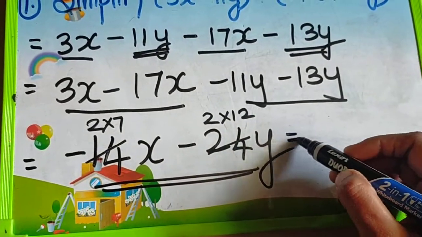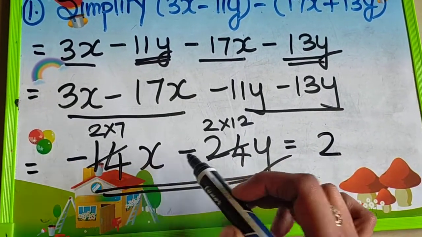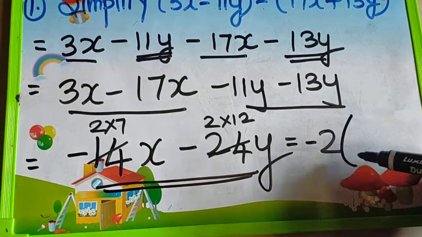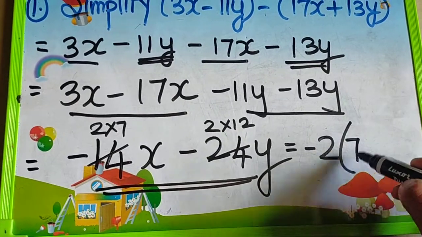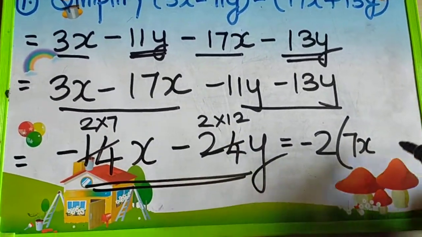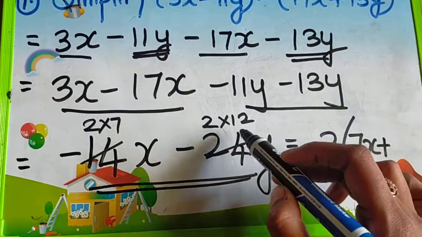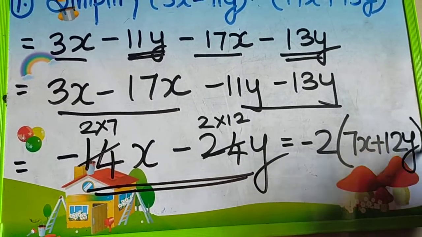Yes, 2 is common, so we will write 2, and the minus sign is also common, so we will put minus 2 outside. So what will remain inside the bracket? Here we have removed 2, so 7 remains and x remains. Then as we have removed the minus sign outside, we will get plus here, and as we have removed 2 outside, what remains inside? 12 and y. So this is the answer.